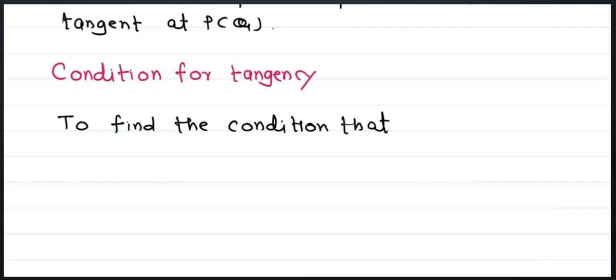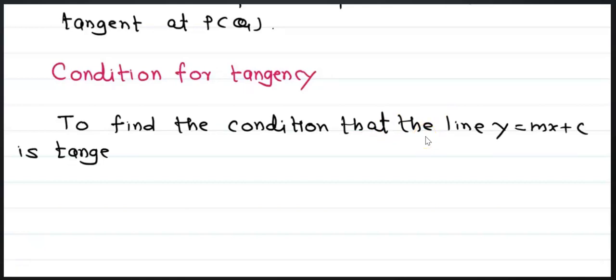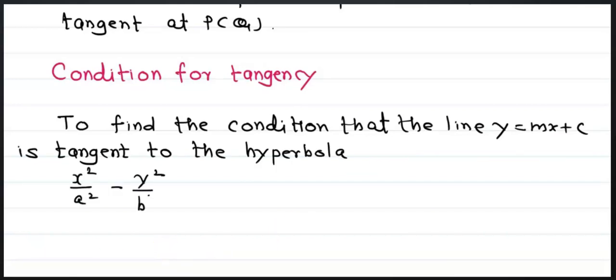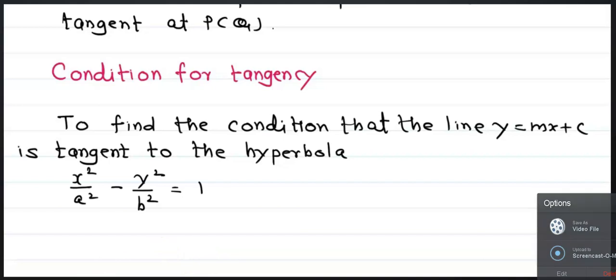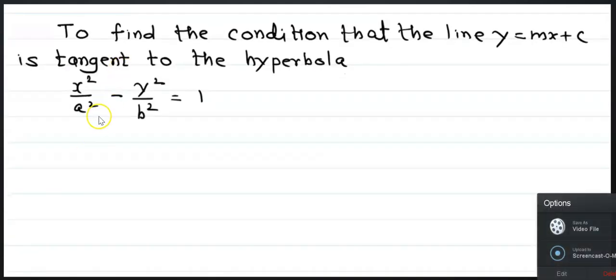To find the condition that the line y is equal to mx plus c is tangent to the hyperbola x square upon a square minus y square upon b square is equal to 1.